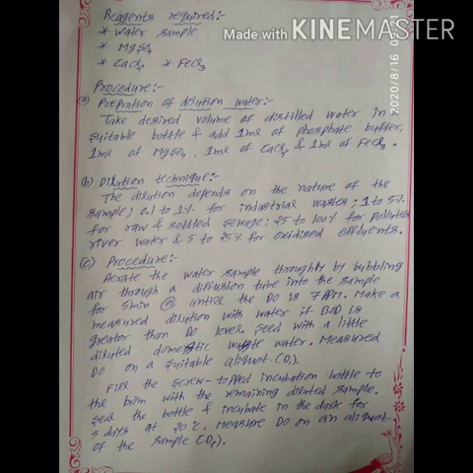Seed with a little diluted domestic wastewater. Measure DO on a suitable aliquot, which is D1. Fill the screw-topped incubation bottle to the brim with the remaining diluted sample. Seal the bottle and incubate in the dark for 5 days at 20 degrees Celsius. Measure DO on an aliquot of the sample, which is D2.